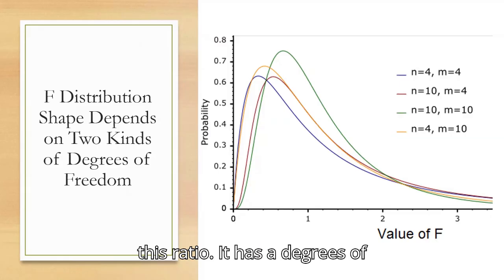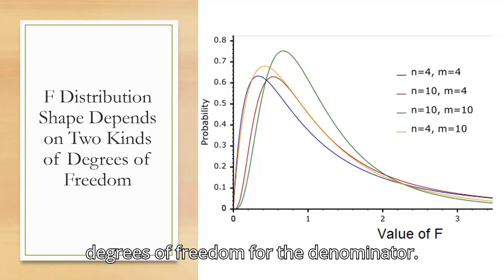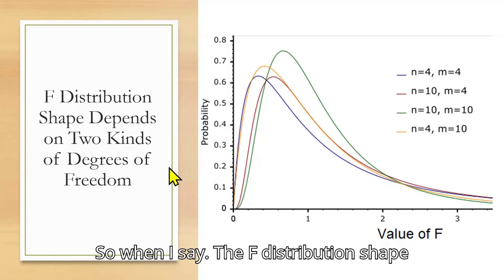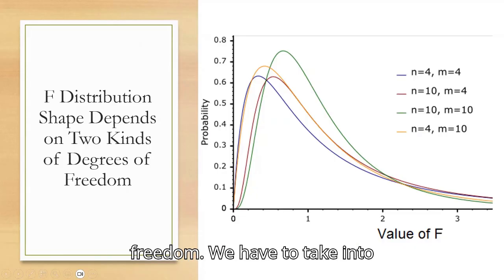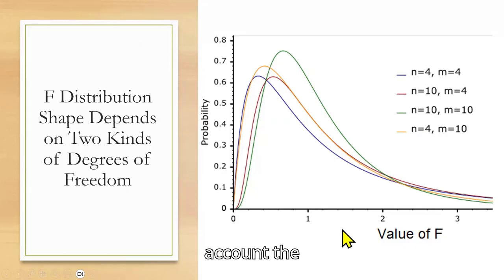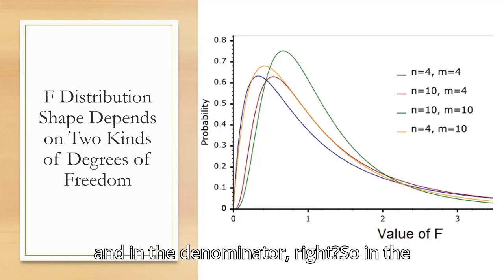It has the degrees of freedom for the numerator, and it has the degrees of freedom for the denominator. So when I say the F distribution shape depends on two kinds of degrees of freedom, we have to take into account the degrees of freedom in the numerator and in the denominator.